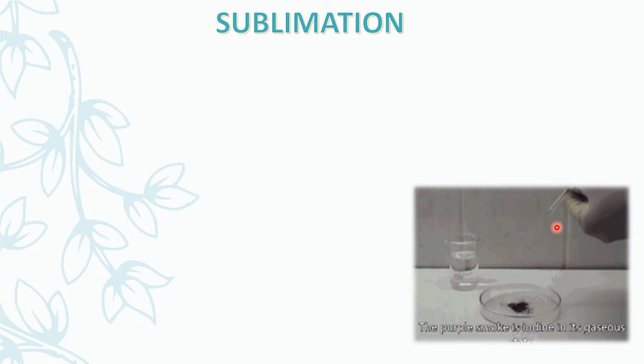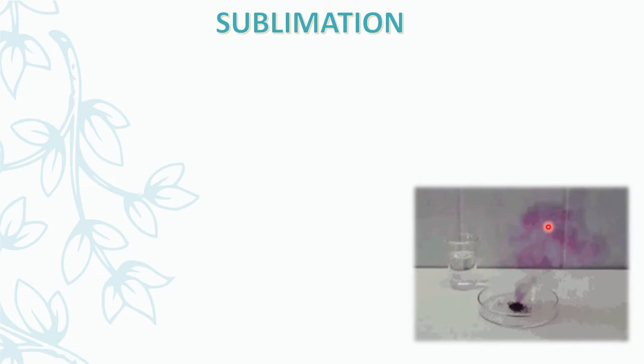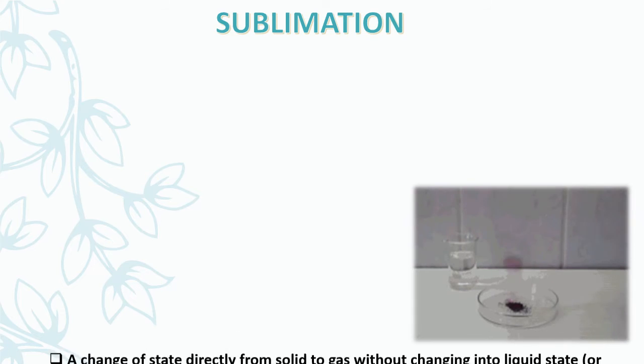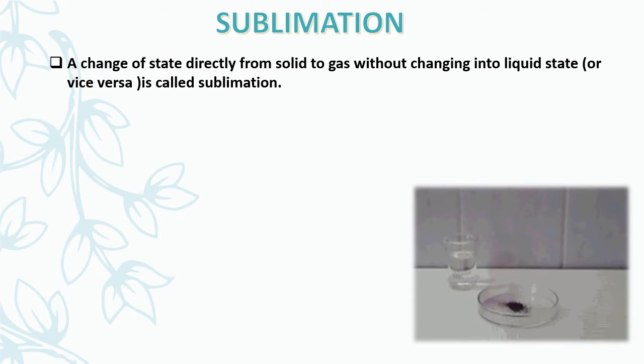You can see here an example of zirconium plus iodine gives zirconium iodide. Here the iodine vapor is getting sublimated. We have already learnt in our previous chapter that ammonium chloride directly changes from solid to gaseous state on heating.